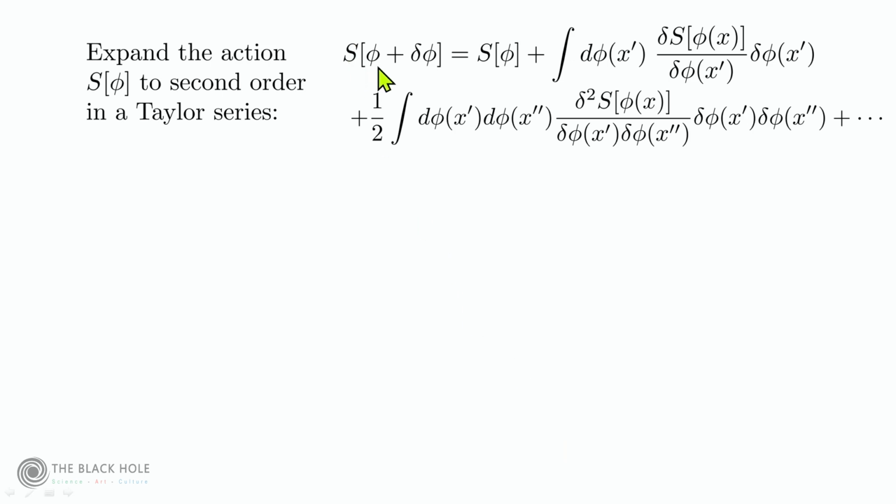S is a functional of phi. You perturb it a little bit. So delta phi is a functional which is a little bit different from phi, which means you can expand it in a functional Taylor series, first term being this, second term being this, and the third being this, and the rest, well, we can't handle them.